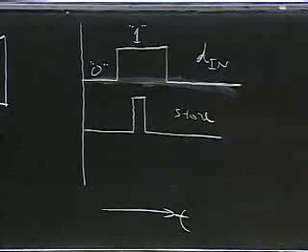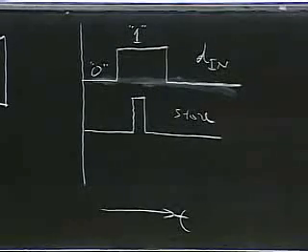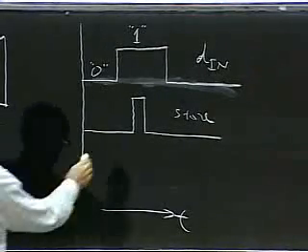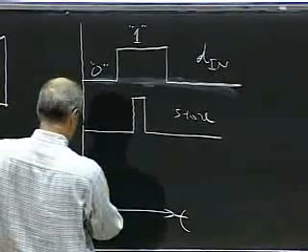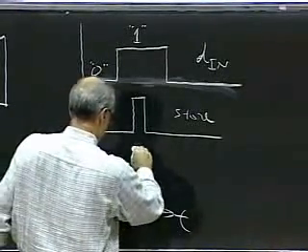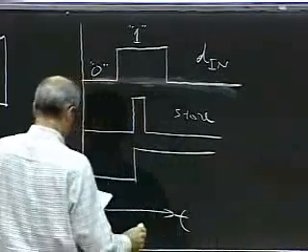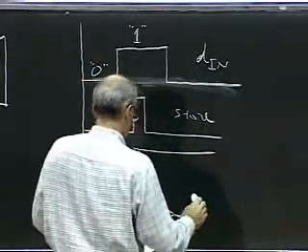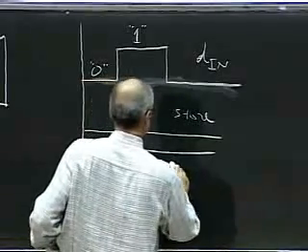Okay? So what does the output look like then in this particular case? Assuming the stored element was 0 prior to the store, the output would look like this. This is D out.